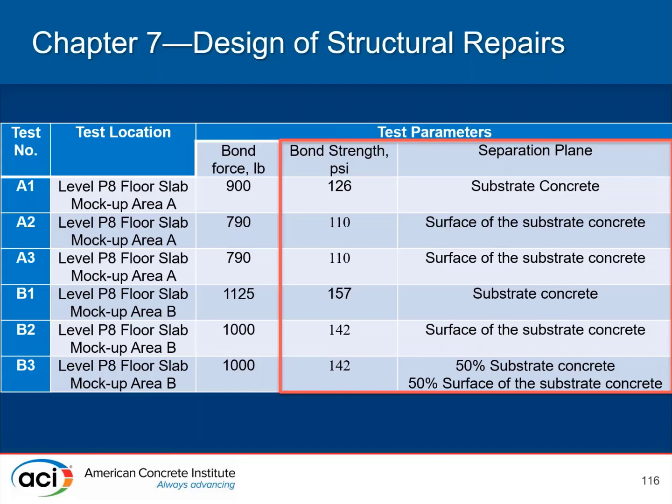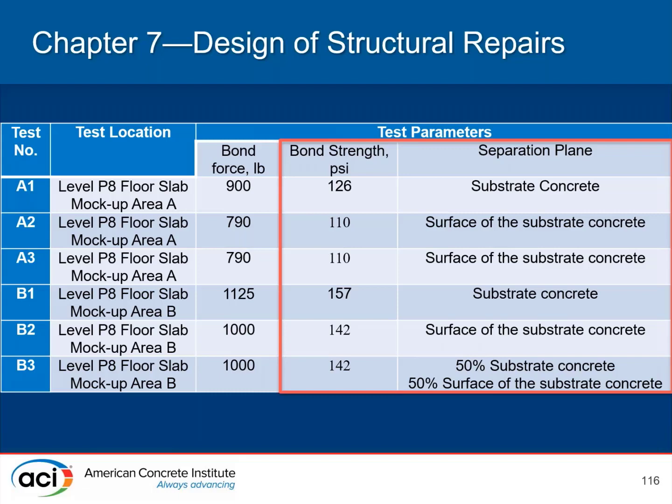ACI 562, based on different guide documents, provides guidance to the designer with respect to specifying bond strengths for tensile bond pull-off. There are documents that indicate potentially use of 100 psi tensile bond pull-off strength for non-critical applications, and potentially higher than that for bond critical applications.